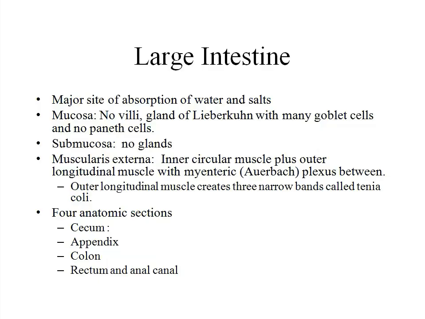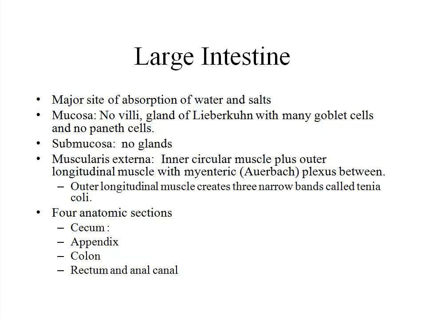Then the muscularis externa has inner circular muscles plus outer longitudinal muscles with the myenteric plexus between these two layers. The outer longitudinal muscles create three narrow bands called taeniae coli.